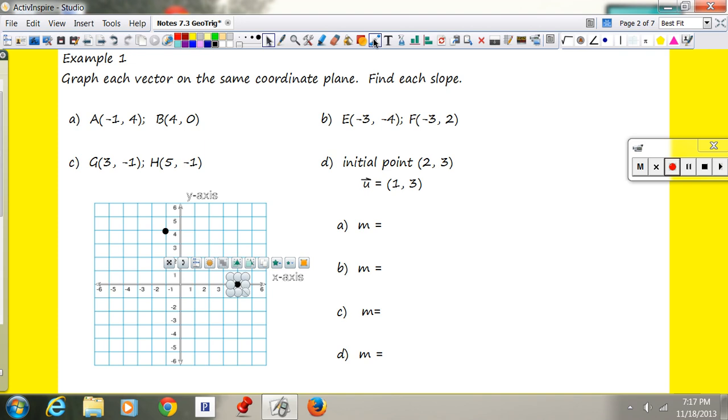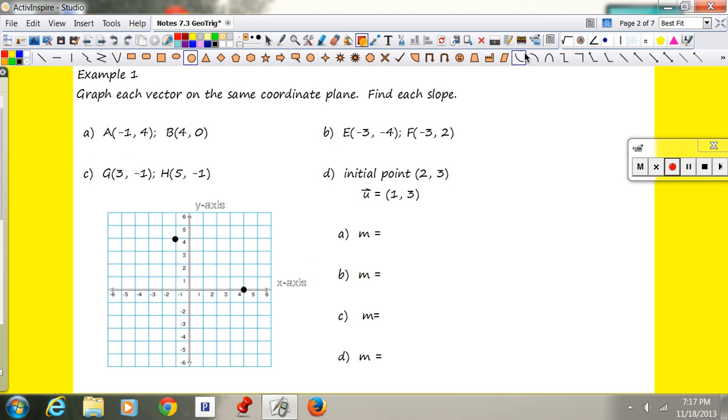So we need to find the slope of this vector. Let's draw in the vector. The vector is an arrow that has direction and magnitude. So there's the direction of the arrow. The vector itself is to go over 1, 2, 3, 4, 5, and to go down 1, 2, 3, 4.